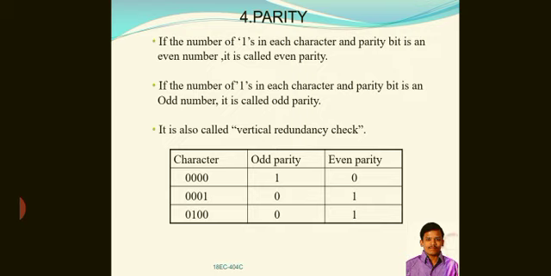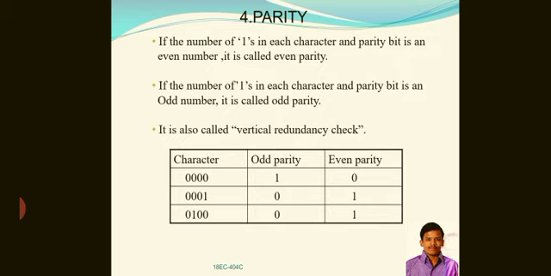Similarly, for the third example, if the character is 0 0 1 0 0, in the odd parity method we have to add 0 as the extra bit. In the even parity method, 1 has to be added, which will be used as a parity bit. So this is a very simple method used for error detection.